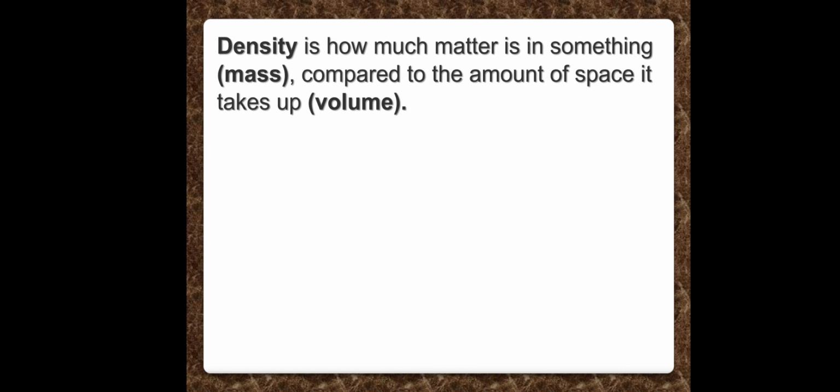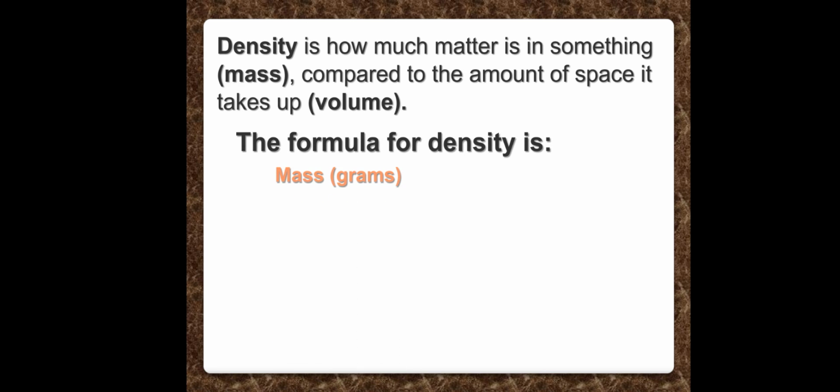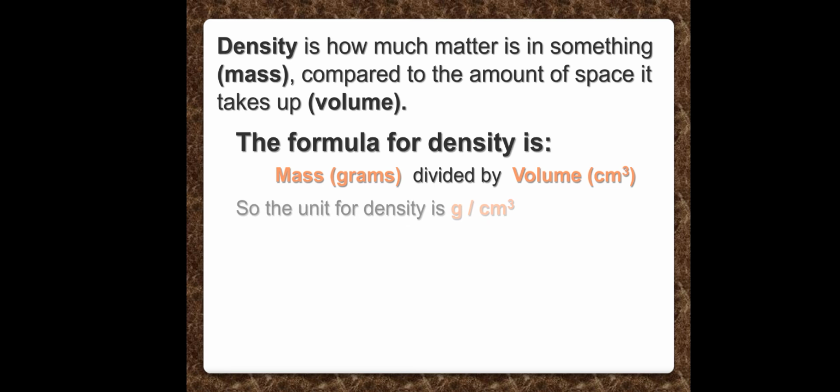Density. Density is how much matter is in something, mass, compared to the amount of space it takes up, volume. The formula for density is mass in grams divided by volume in centimeters cubed.